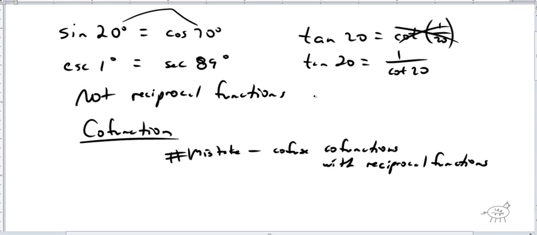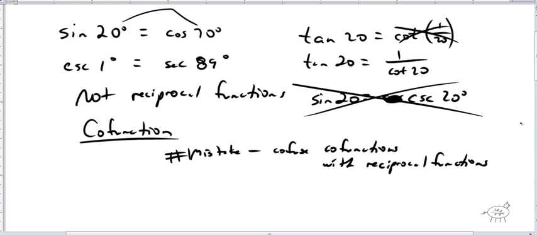Now, obviously, the common mistake is I say sine of 20 degrees equals what, and people will write cosecant of 20, and that's not correct. That is wrong. Sine and cosecant are not cofunctions, they are reciprocal functions.